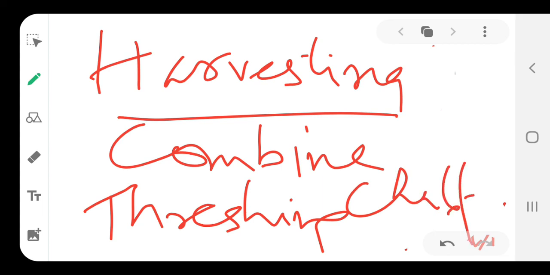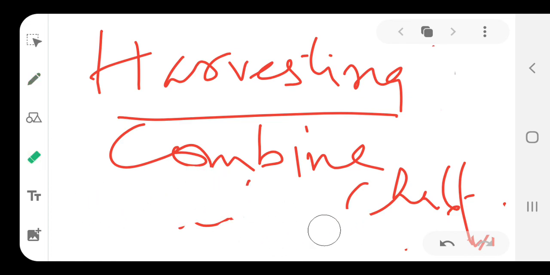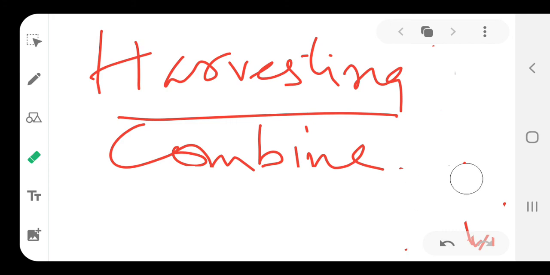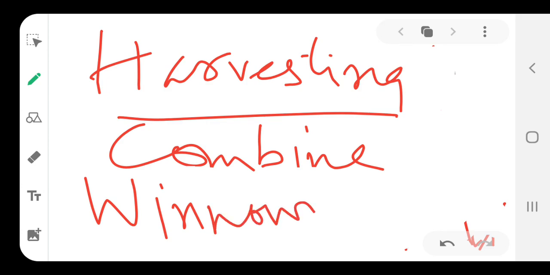Threshing can be done with a machine, and the outer covering can also be removed by a process called winnowing. Threshing is somewhat different from winnowing. Threshing means just removing the chaff, and farmers on small holdings of land do the same thing, removing the chaff from the grain by winnowing.